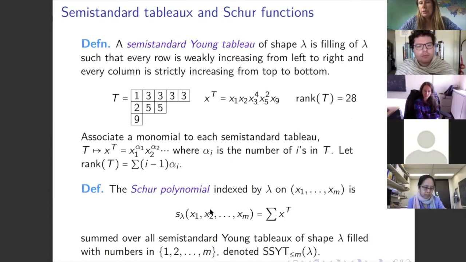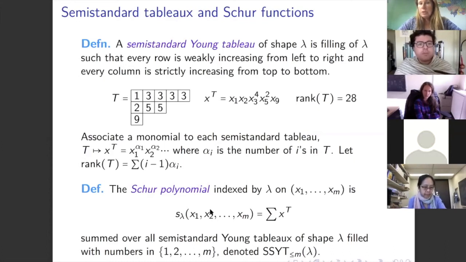Schur polynomials and the principal specialization. So instead of standard Young tableaux, let's consider semi-standard Young tableaux. This isn't too much different, but you fill a partition shape with positive integers, and now we allow them to be weakly increasing on rows, but we still require them to be strictly increasing in columns.